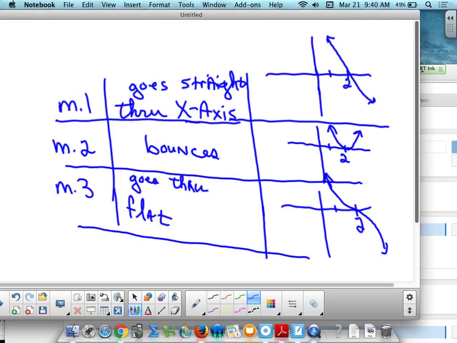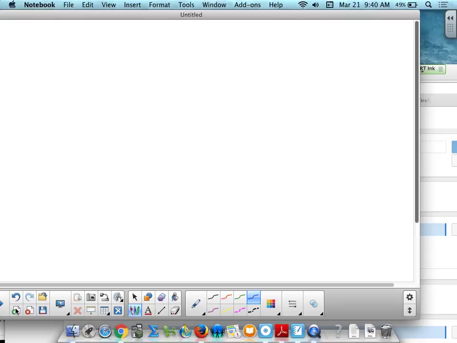All right, next up, number 14. Identify the zeros, their multiplicities, and their effect on the graph of the function. You should be able to do this without my help.